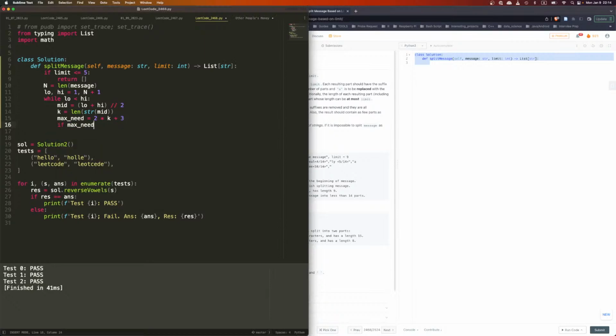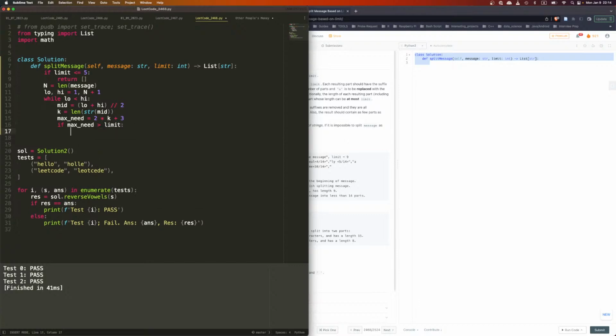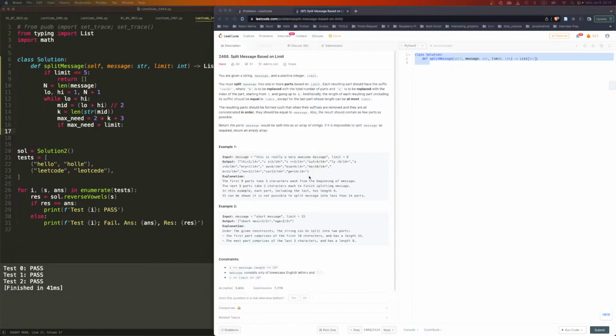So if max need is larger than the limit, then this is not possible, which means we need to cut it smaller.